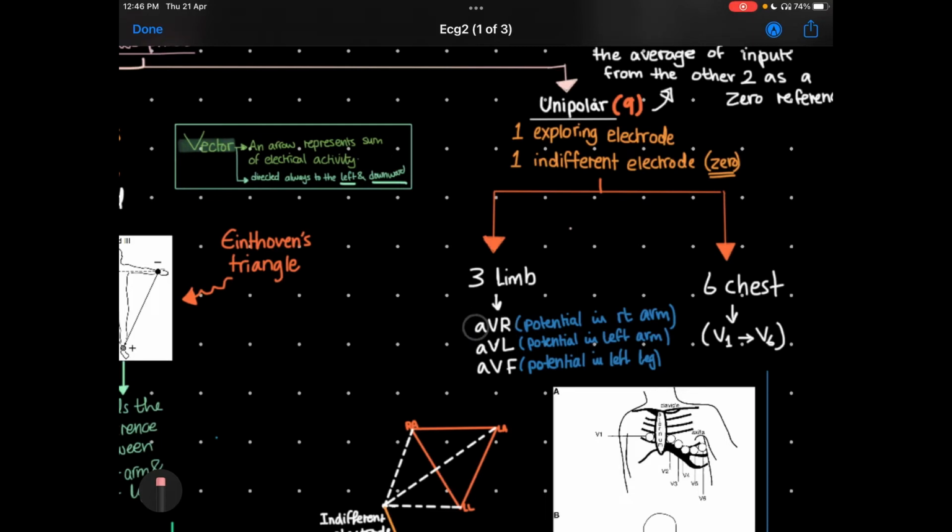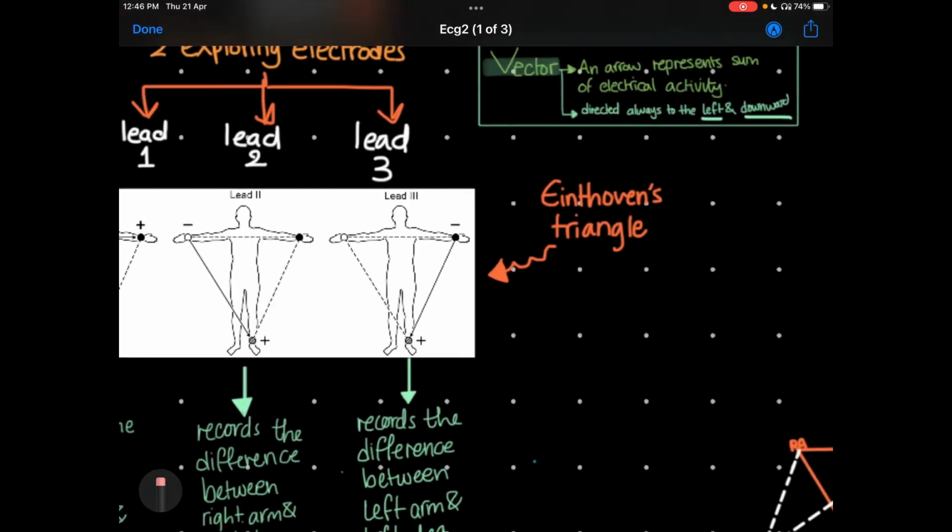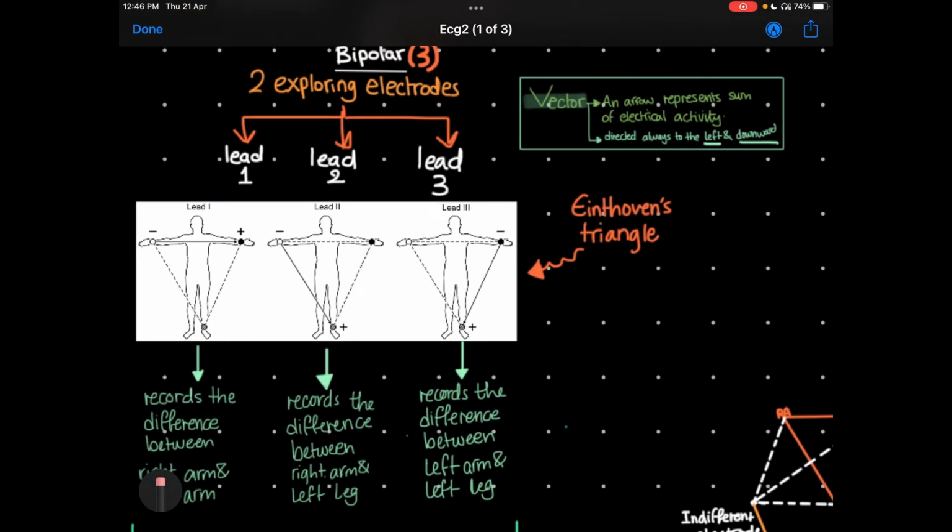So how do we measure the potential at the right arm? Let's come back here to this picture. The right arm is going to be the exploring electrode, and both the left arm and left leg are going to be the reference, or the zero potential.